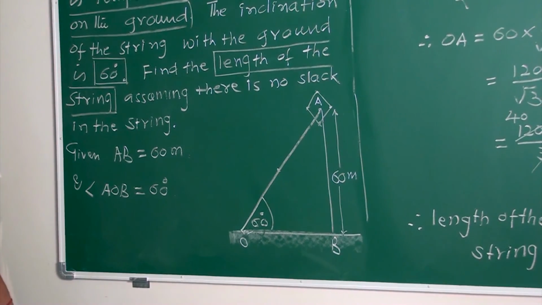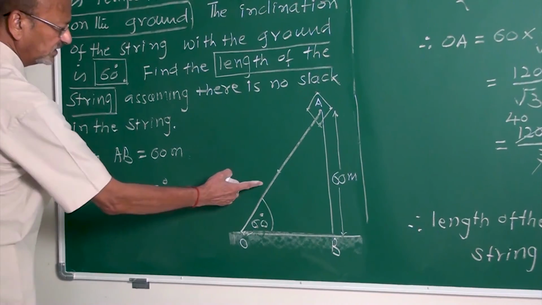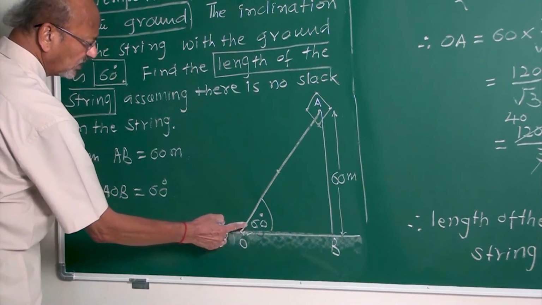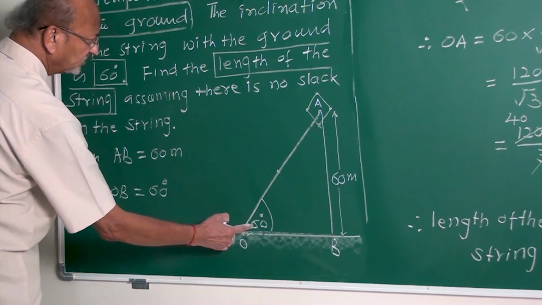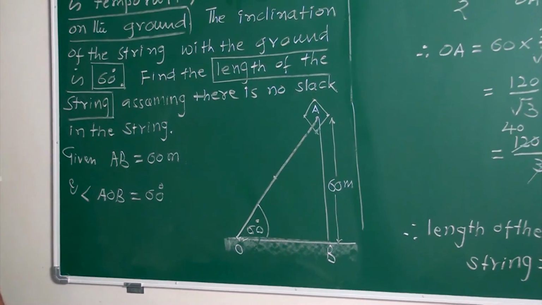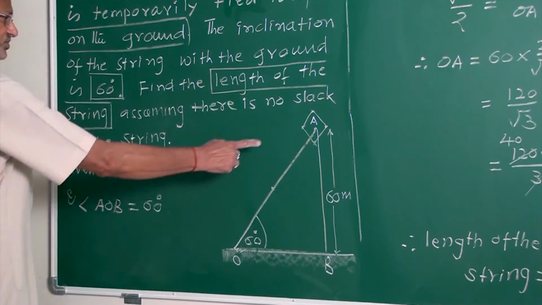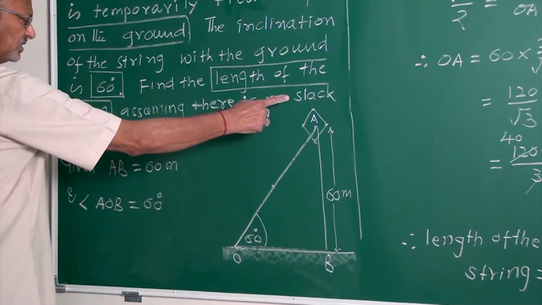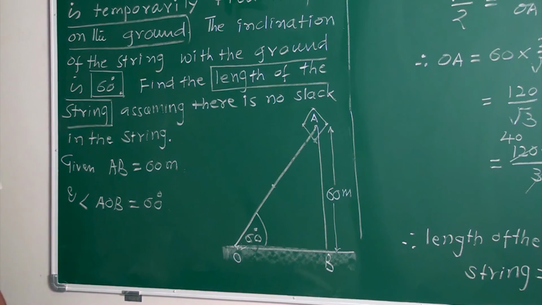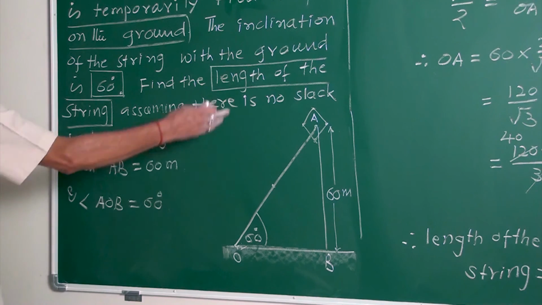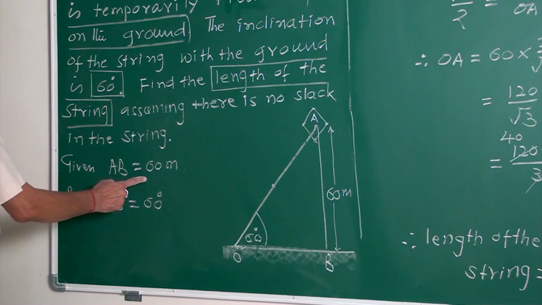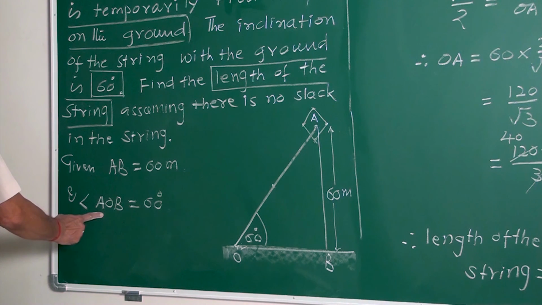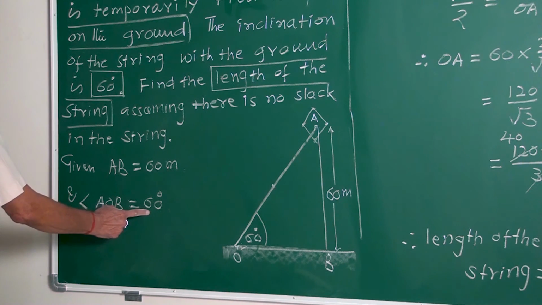The inclination of the string with the ground is 60 degrees. Find the length of the string, this is OA, assuming there is no slack. Given AB equal to 60 and angle of elevation 60 degrees.